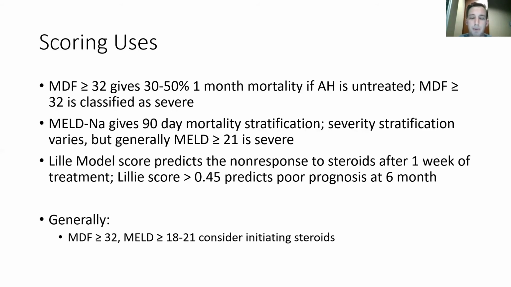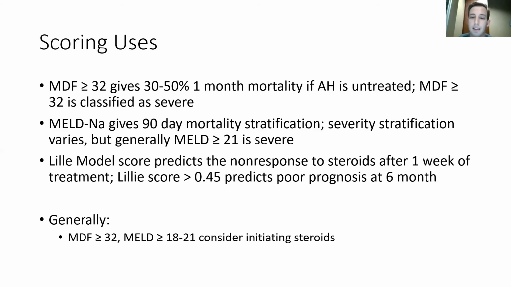Those patients would be considered to have a severe episode, and those would be the ones in whom you would consider starting steroids. Additionally, the main clinical use of the Lille model is that if you have a score of greater than 0.45, that would mean that at 1 week of starting steroids, you're not going to have a response.